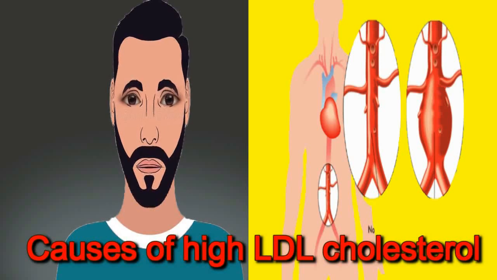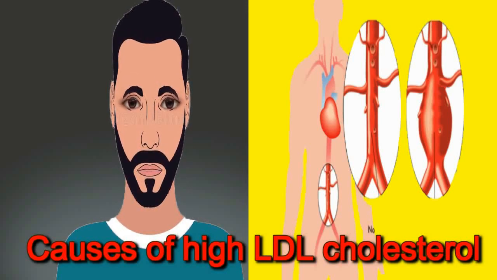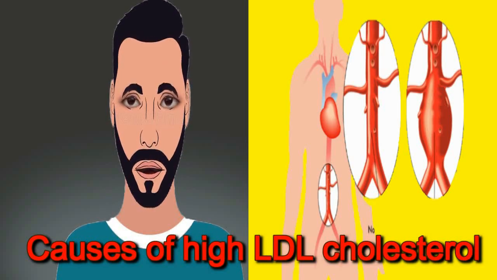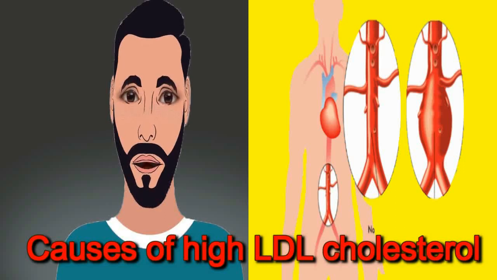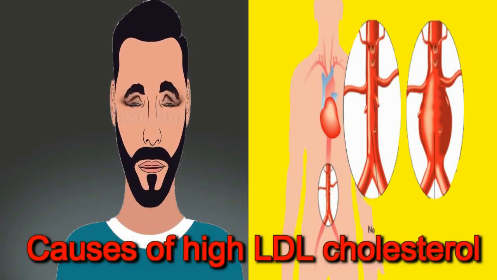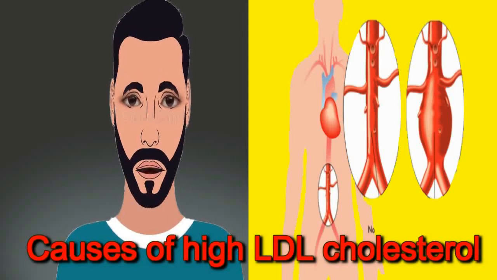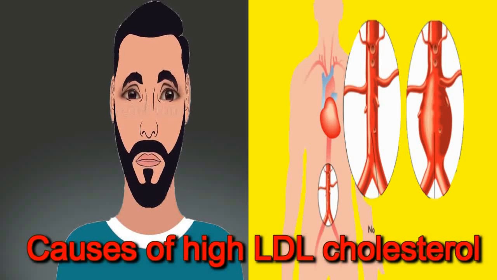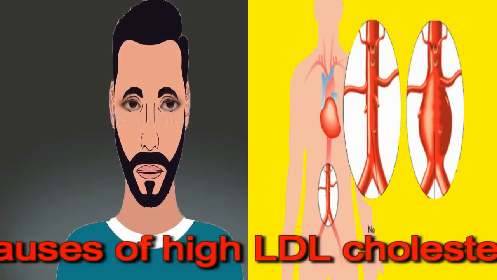Smoking. A chemical in cigarettes lowers HDL cholesterol levels and damages the lining of blood vessels, which can increase the risk of hardening of the arteries. Medical conditions. Some of these that can affect LDL cholesterol levels include type 2 diabetes, underactive thyroid, kidney or liver conditions, and alcohol addiction.